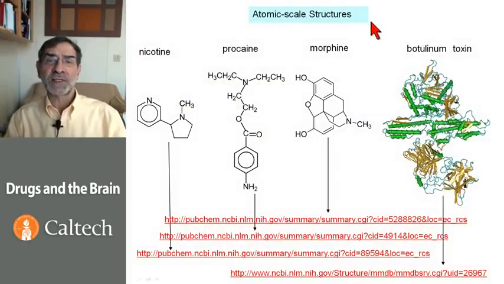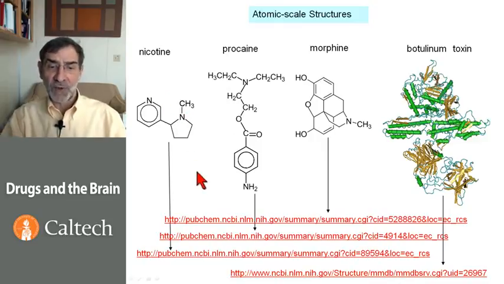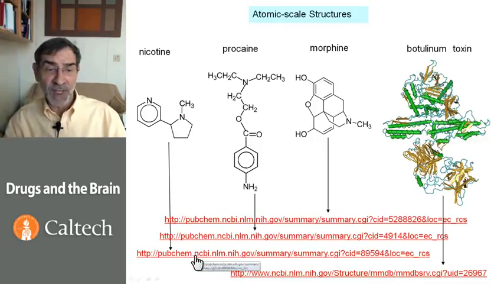So here are the atomic scale structures of each of the 4 drugs. Now, we are going to be recommending and getting used to several of the databases sponsored by the United States National Institute of Health. So let's begin by going to the database for nicotine. We're going to a database called PubChem.